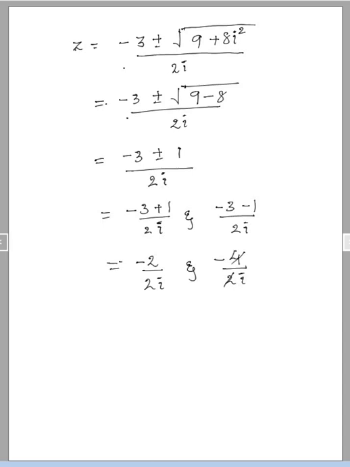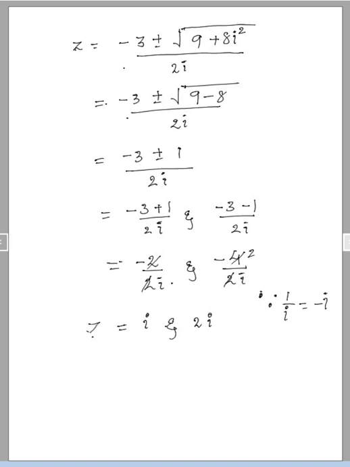So here 2 gets cancelled, and you should know that 1 over I value is nothing but minus I, so minus into minus becomes plus I in the first term, and the second term again becomes 2I.